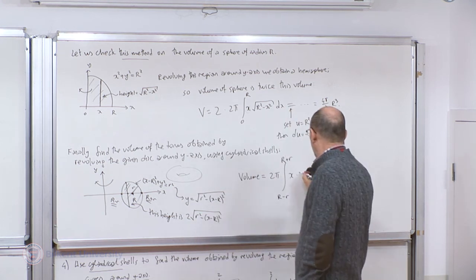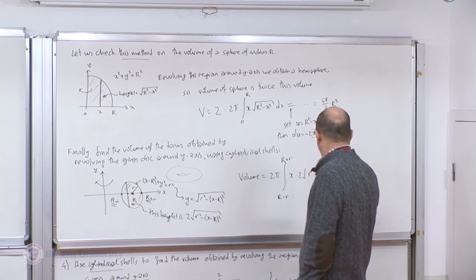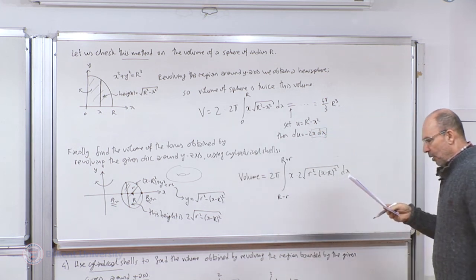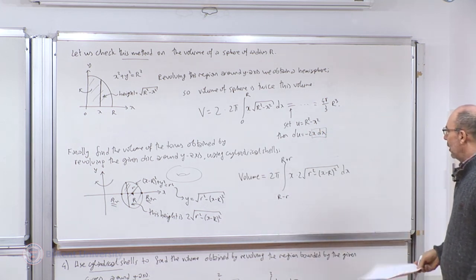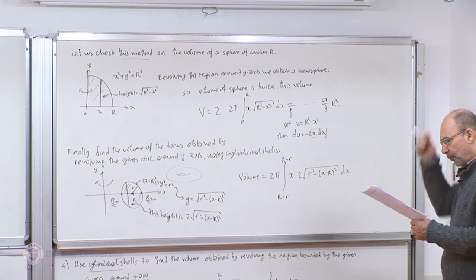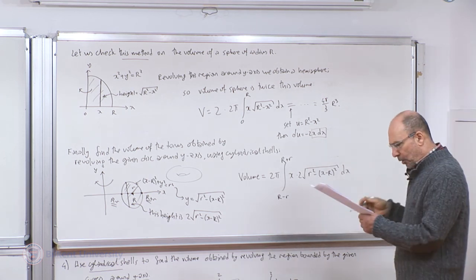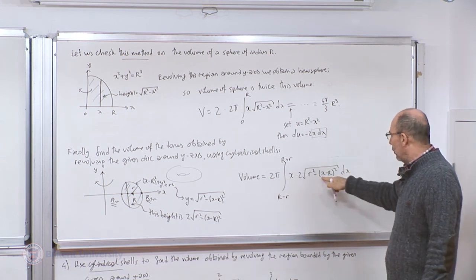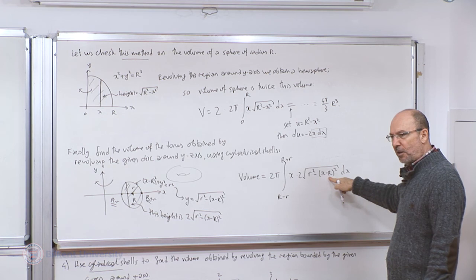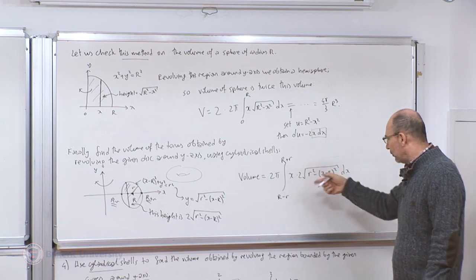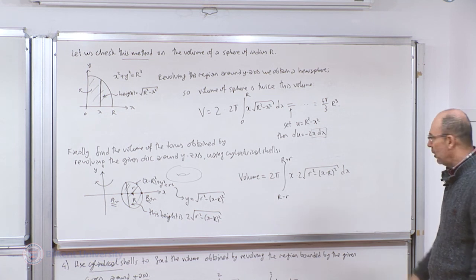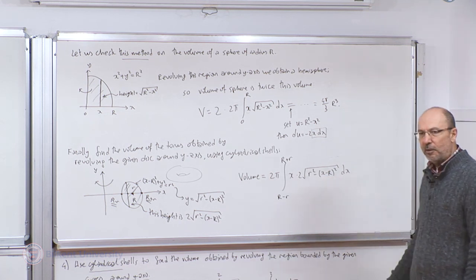Height is this, 2 times the square root of r squared minus (x minus R) squared, dx. Now the rest is again some substitution. I think you'll do substitution twice. First thing to think about is x minus R. You substitute this, you get an integral. In that integral, you make another substitution because here you'll have u squared.